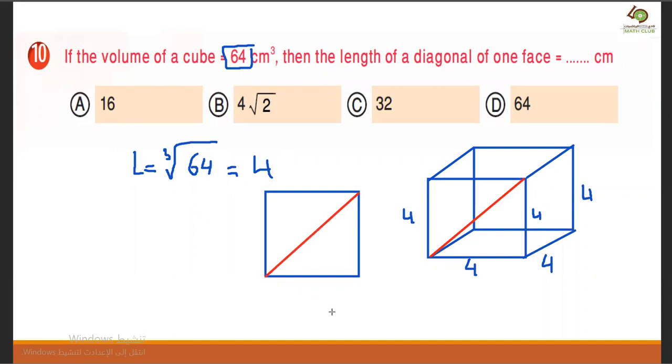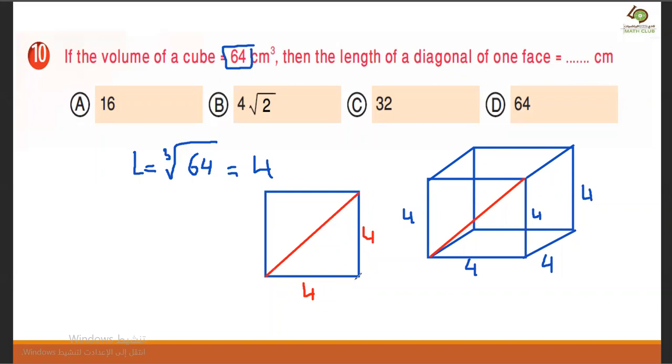So the length is what? The length is 4, right? How do I find it? By the Pythagorean theorem. You know the Pythagorean theorem?